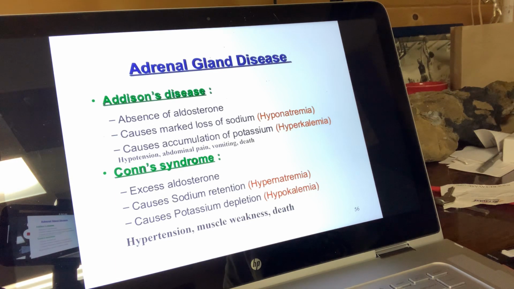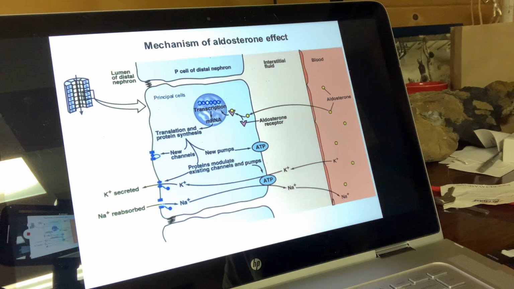The opposite is Conn syndrome. Conn syndrome is a syndrome in which your adrenal cortex produces too much aldosterone. If you have too much aldosterone, then you do this too much, you increase sodium way above what it should.